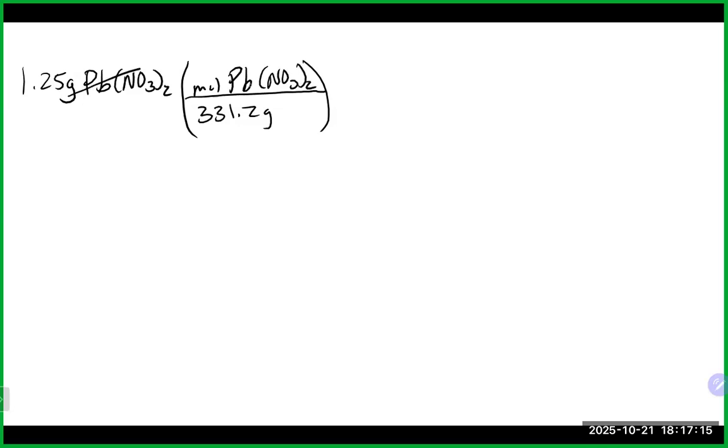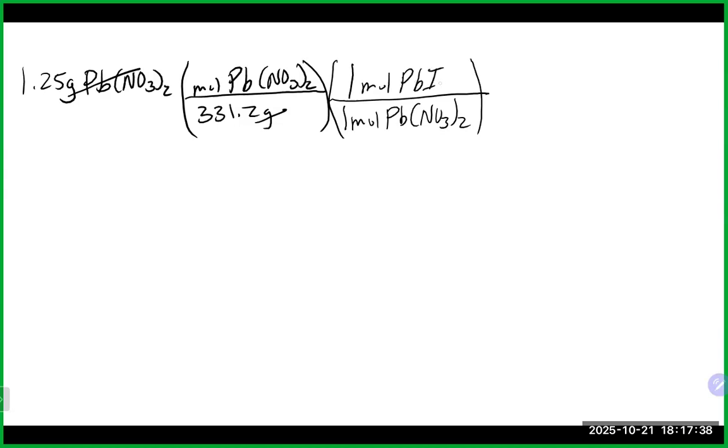And again, at this point, if you stopped, you would have the moles of the Pb(NO3)2. And at this point, this would be our third step, which is our mole to mole relationship from the equation, which in this case was 1 mole of Pb(NO3)2 gives us 1 mole of PbI2.